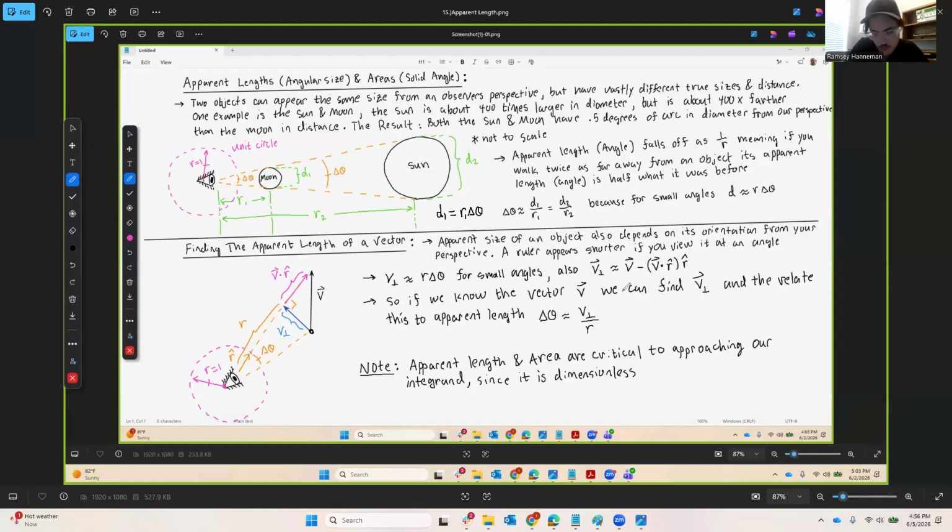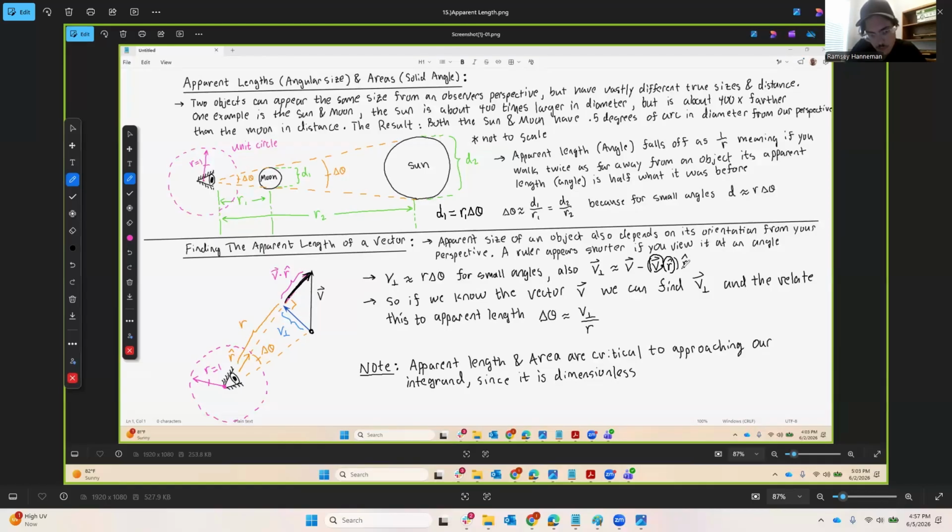And you can do so if you know what the true vector is. You can subtract the radial component, and what's left over is just the perpendicular component. The tricky bit of the math here is that all the vector dot r gives you is the radial component, right?